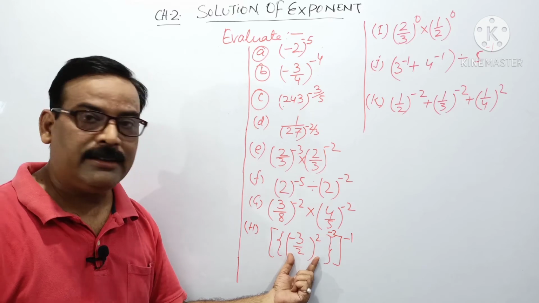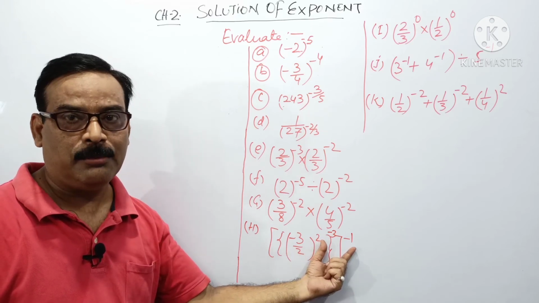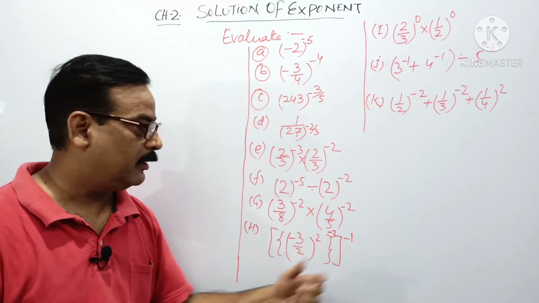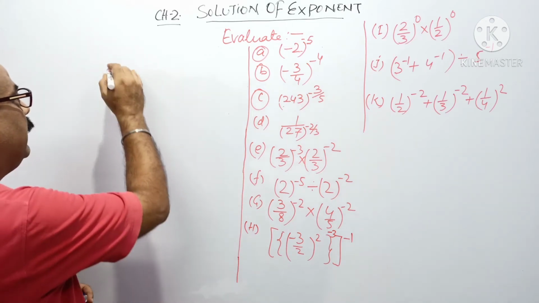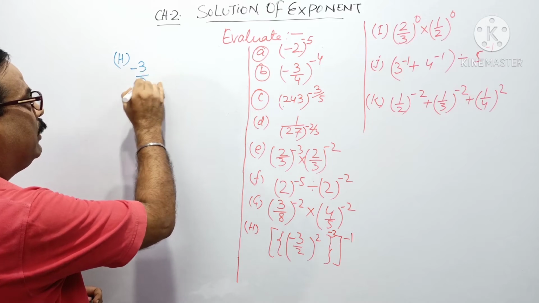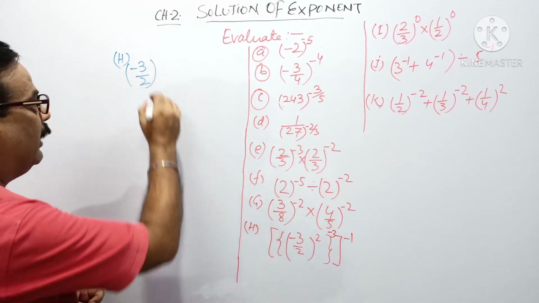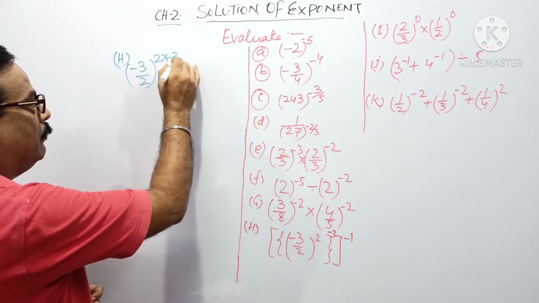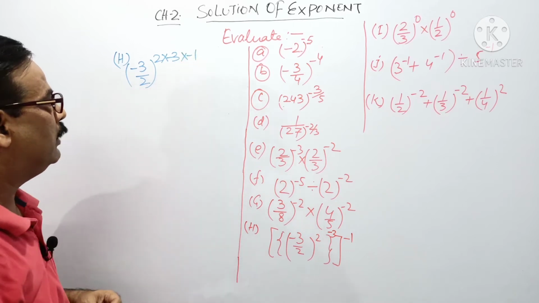The base will remain the same but all the powers are multiplied. So we can write in this form: minus 3 by 2, and the power is 2 multiplied by minus 3 into minus 1.